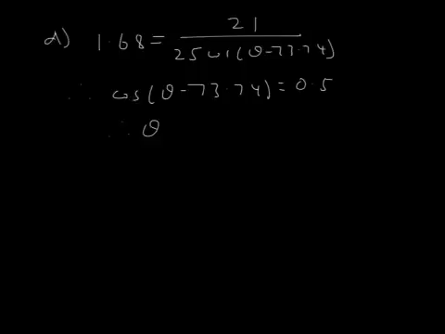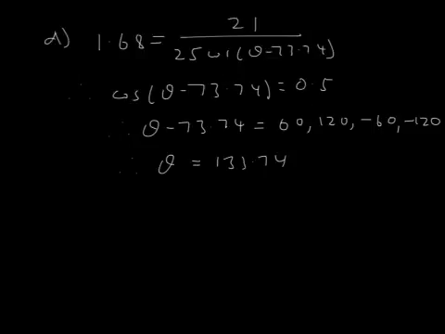So therefore theta minus 73.74 is 60, 120, numbers bigger than 360, but also minus 60 and minus 120 and so on.